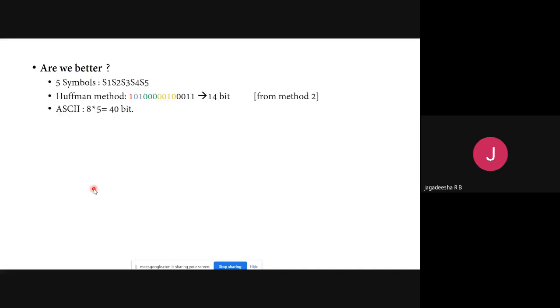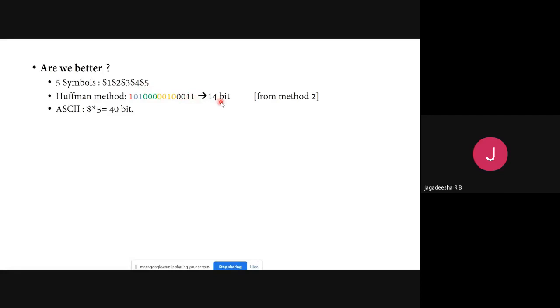Are we better off with today's scheme? So we have 5 symbols, S1 to S5. Now we have assigned a Huffman code, right? In the latest example, I represented S1 by 1, S2 by 01, S3 by 000, S4 by 0010, S5 by 0011, right?